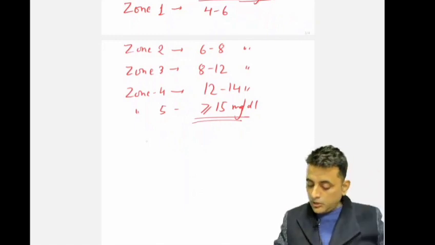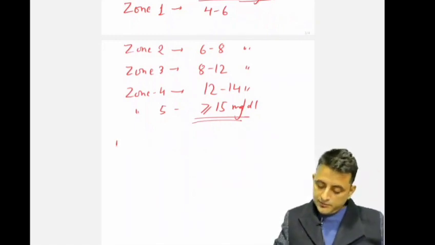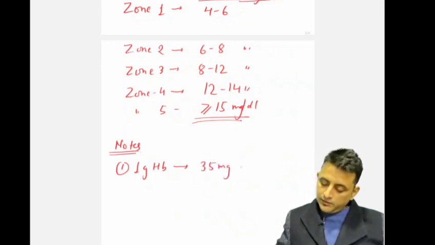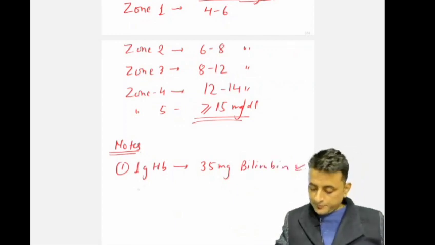So before moving to the cause, I would like to talk about a few things, okay. You should know what 1 gram of hemoglobin releases. It releases about 35 mg of bilirubin. Such questions can be asked in your exam.